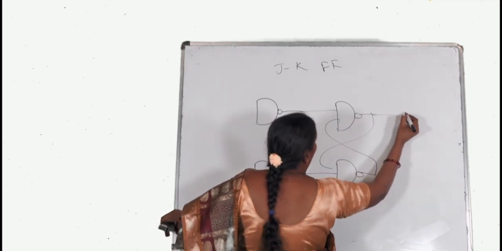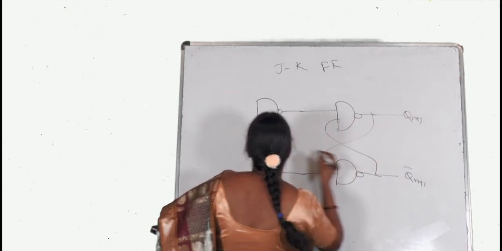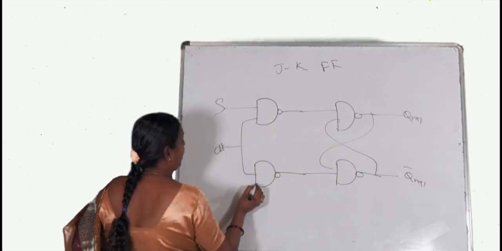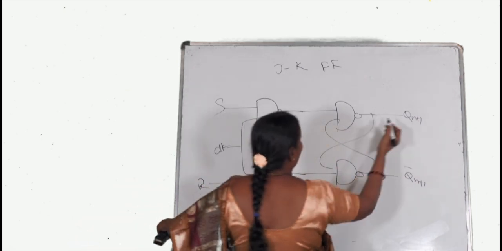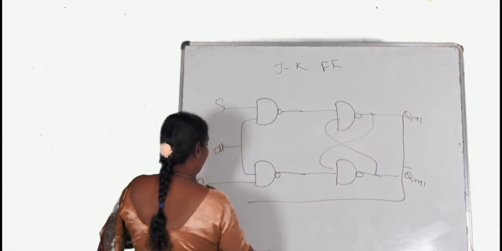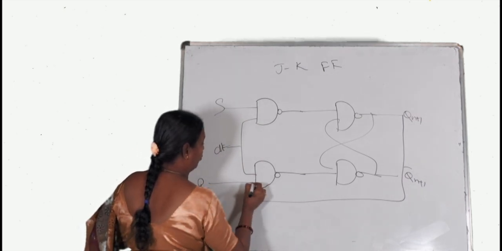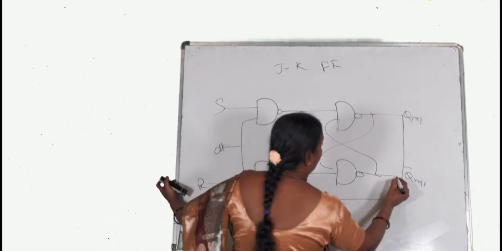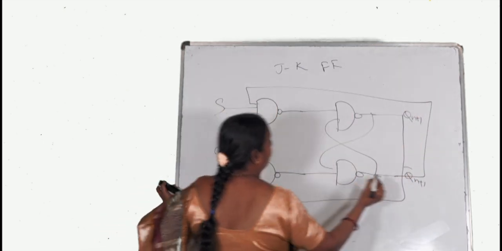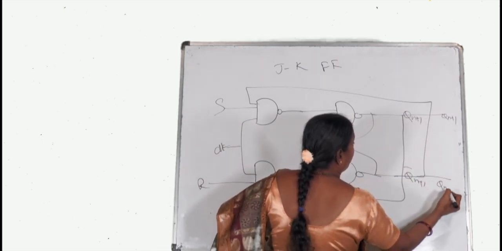Here this one is Qn plus 1 and this one is Qn plus 1 bar, and here we are going to take the clock, and this is S and this is R. For this again we are taking this Qn towards here, and the Qn bar is going to be connected to the NAND gate. Now this will be Qn plus 1 and this will be Qn plus 1 bar.